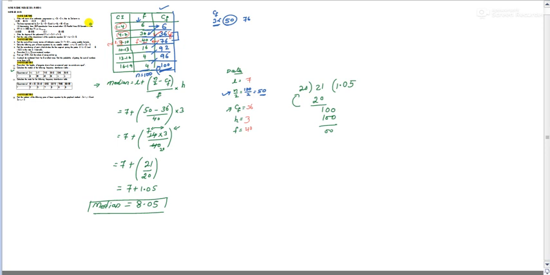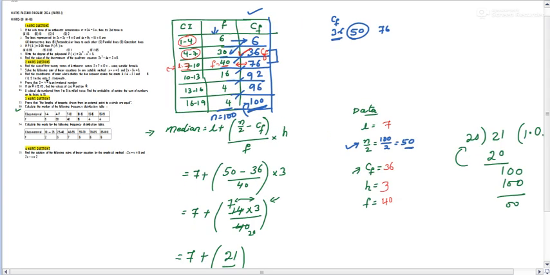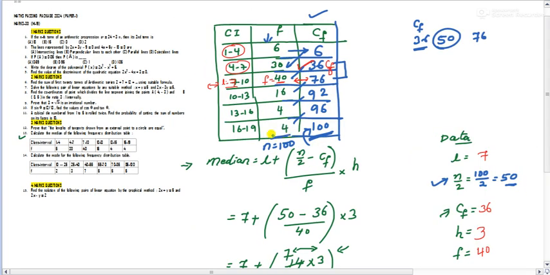Sir, can you verify how L came? Yeah, you can see this table, right? So we got n by 2 as 50, right? And now you have to look for the two numbers nearest to 50 in the CF column. Here the numbers are 36 and 76, right?